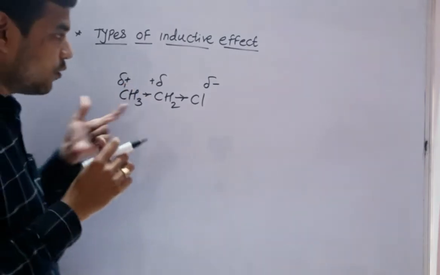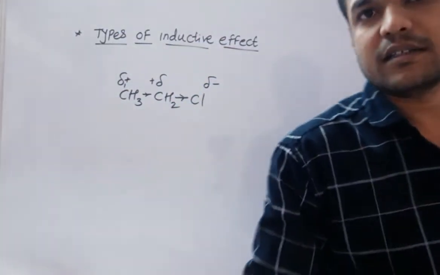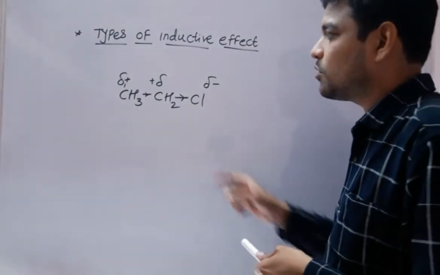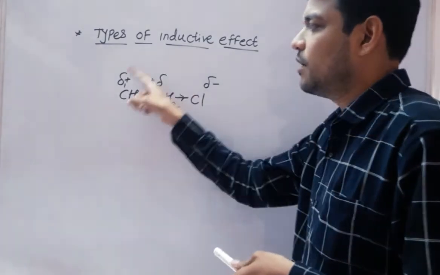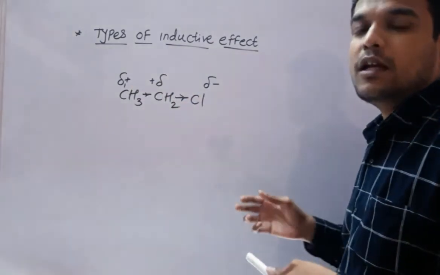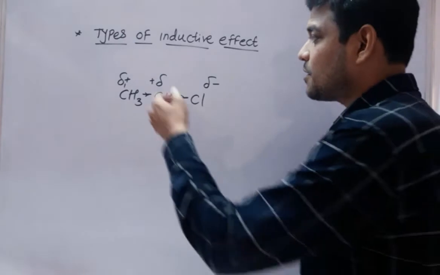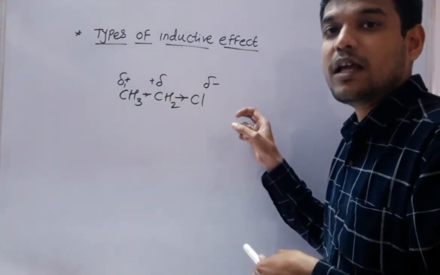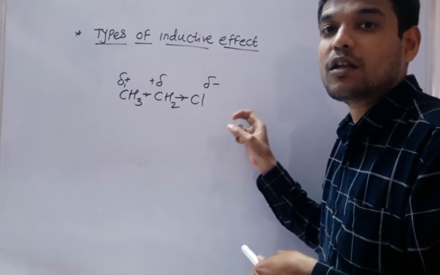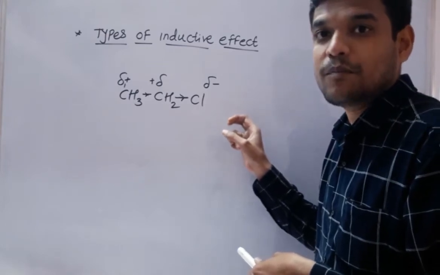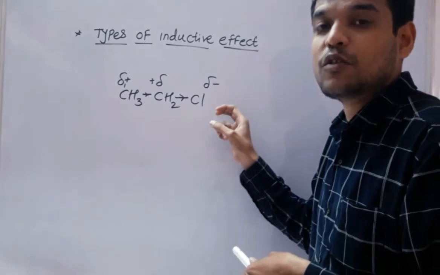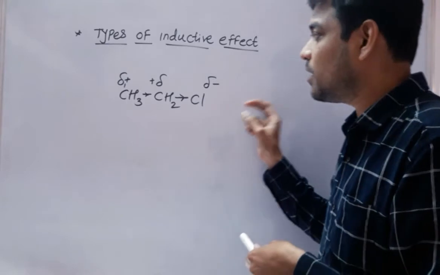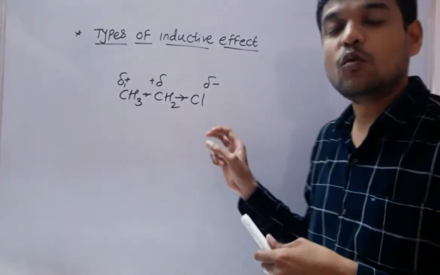Now look at the structure. You will understand that chlorine is withdrawing electrons from the group. Suppose we take this ethyl group: it is giving electrons in the direction of the chlorine. Chlorine withdraws electron density, hence it shows electron withdrawing inductive effect, that is the minus I effect or negative inductive effect.